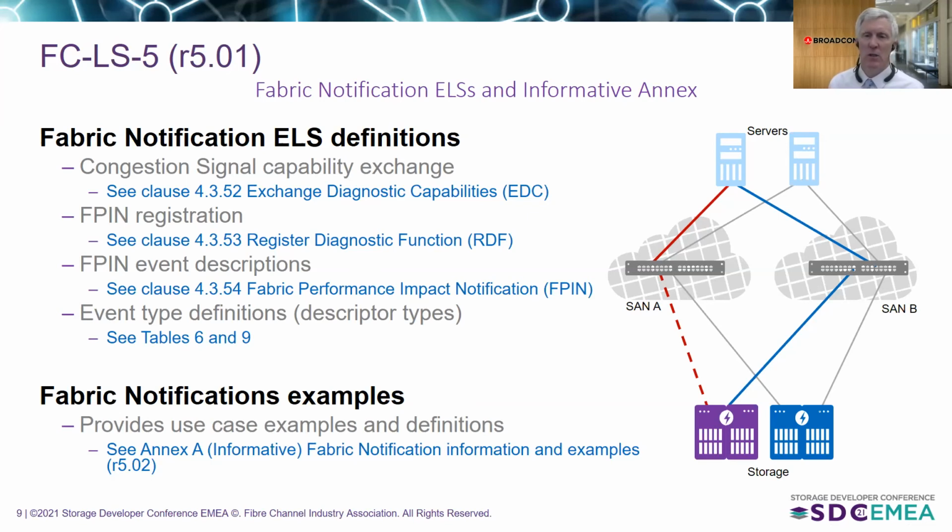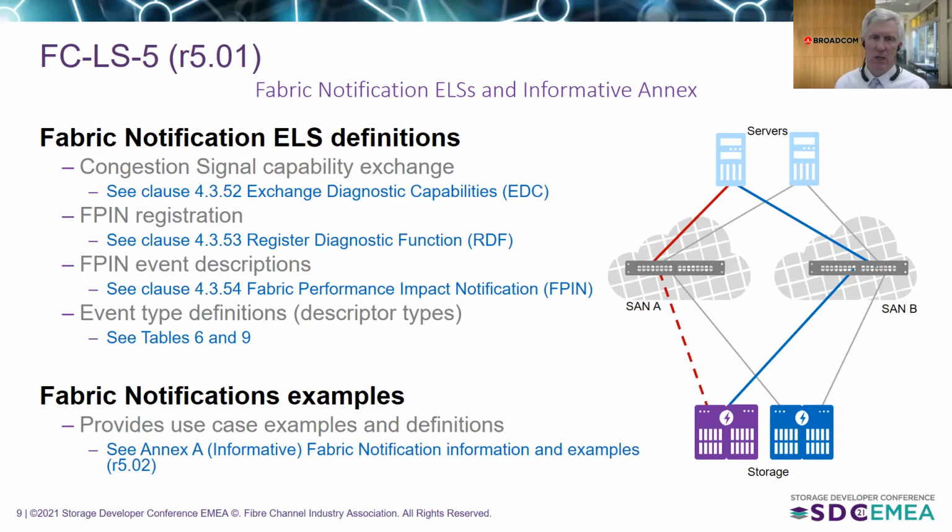It is this particular ELS exchange that allows the congestion signal capabilities to be exchanged between a transmitter and a receiver. There's also the Register Diagnostics Functionality ELS that provides the mechanism, as we've mentioned before, for an end device to indicate that it wants to receive fabric notifications.